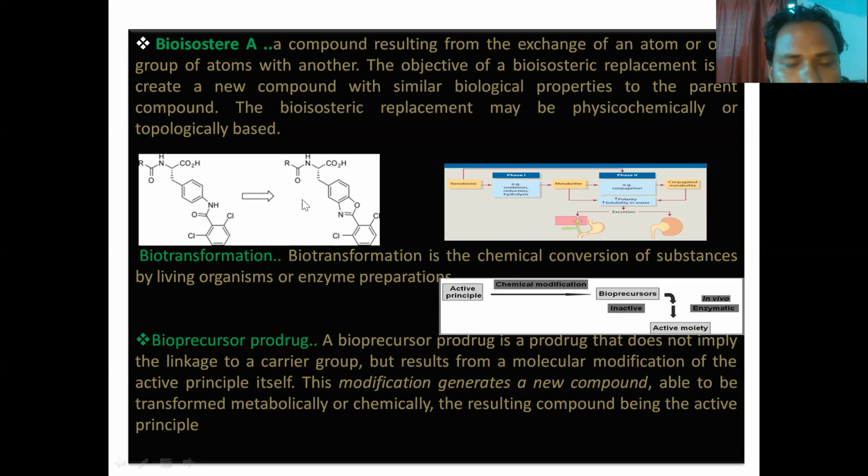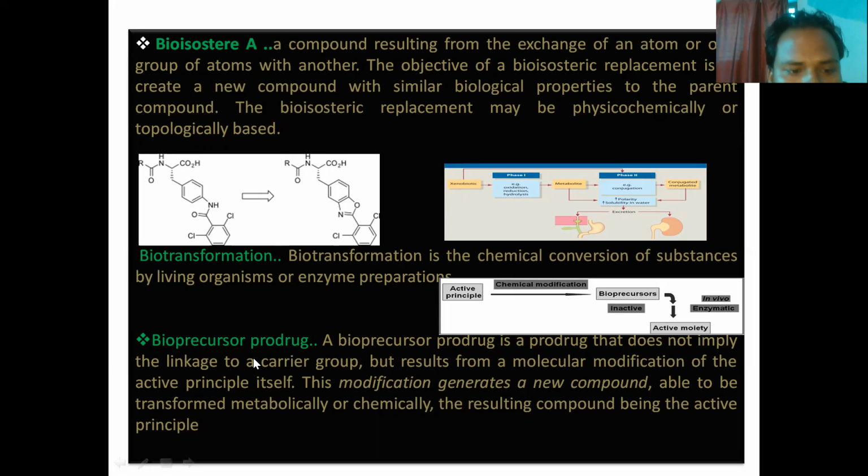Since there are lots of enzymes present in the liver, lots of chemical reactions are carried out in the biological environment. So this is biotransformation. All the processes are carried out in the biological environment, in the living organism, so this is termed biotransformation.